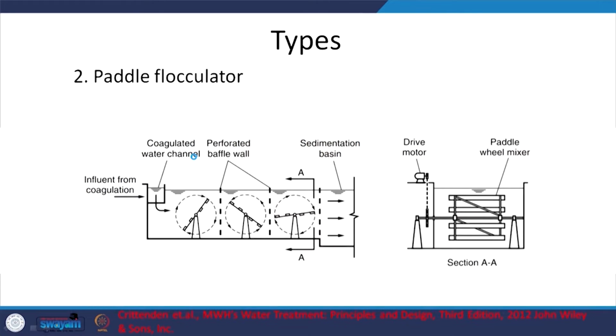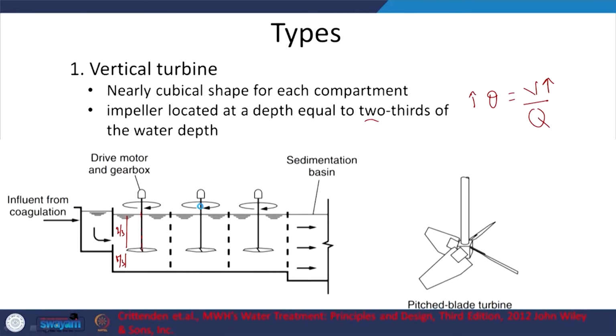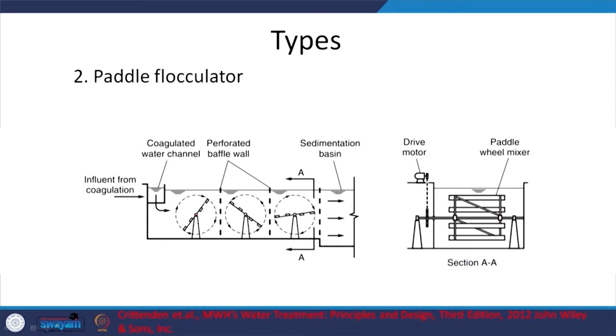Then you can have the paddle flocculators. You can see now that this is the side view, and here you have the paddle flocculators. By rotating in this way, you know that the velocity of this paddle here will be lesser than the velocity of this paddle here.